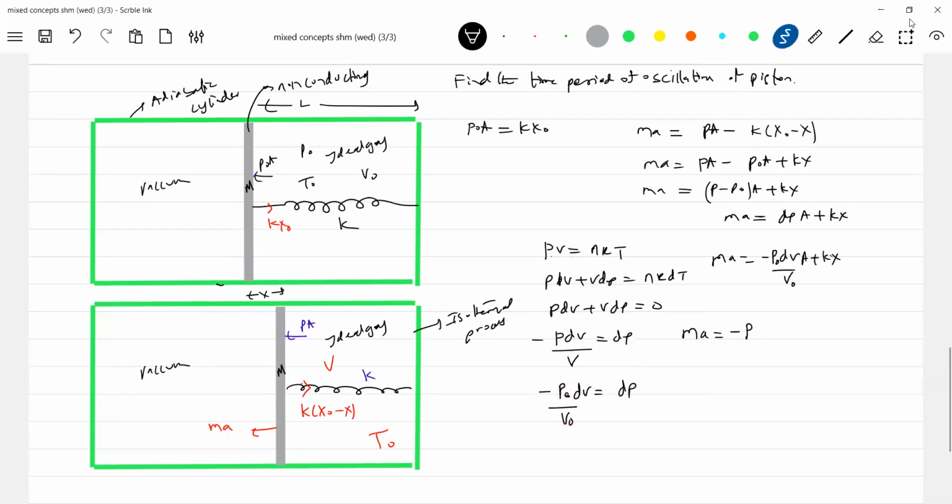So in PV, we should write P naught V naught. What is dV? dV should be equal to A into x, the change in volume. So Ma is equal to minus P naught A square by V naught x plus Kx.